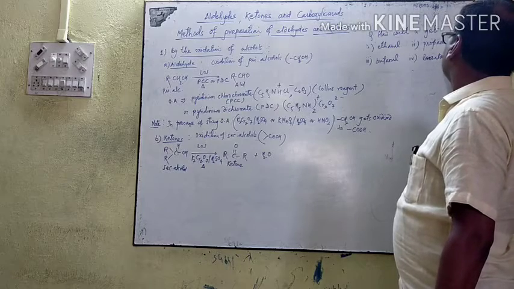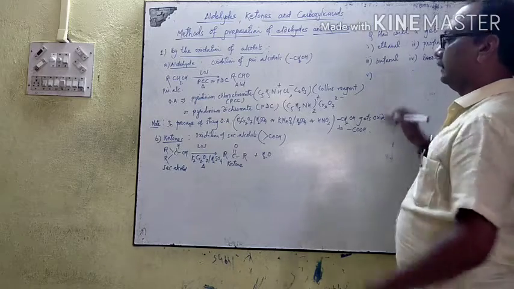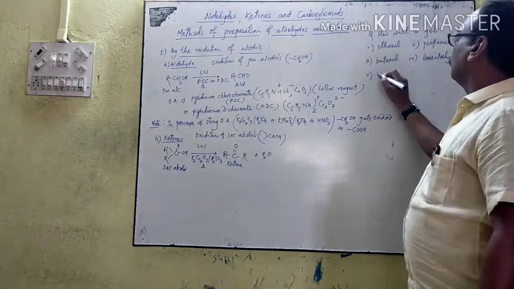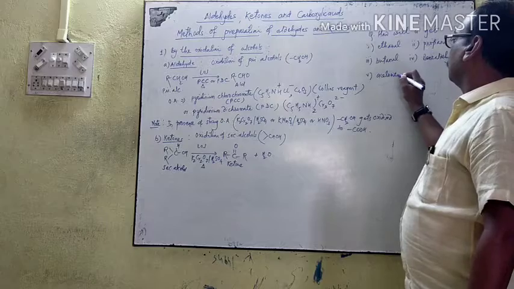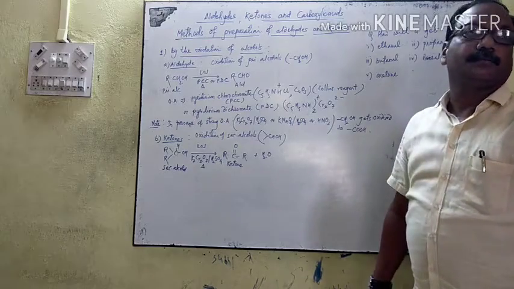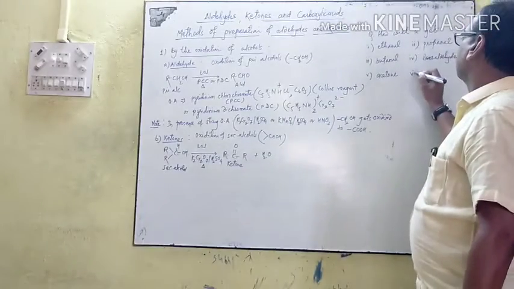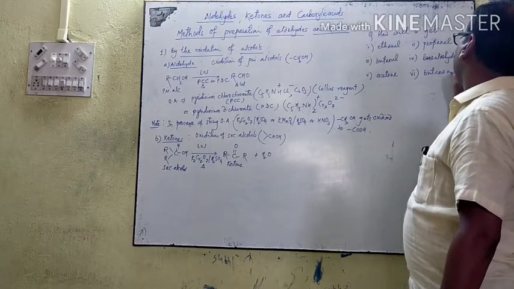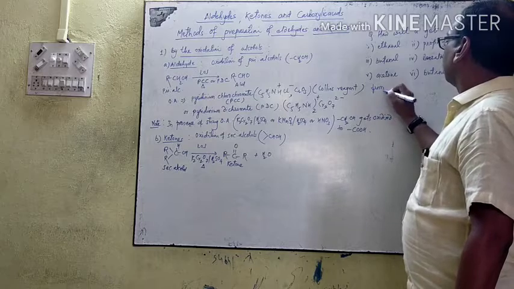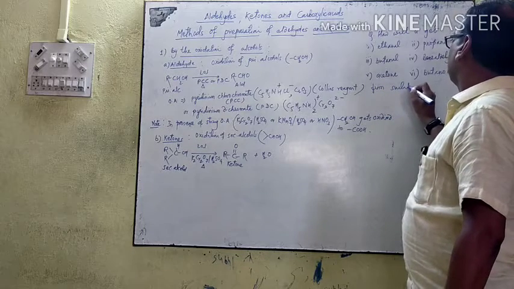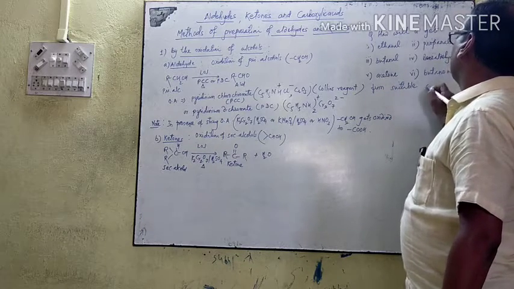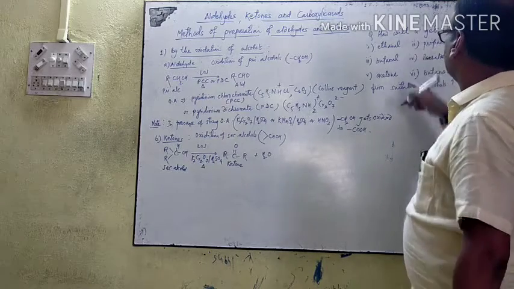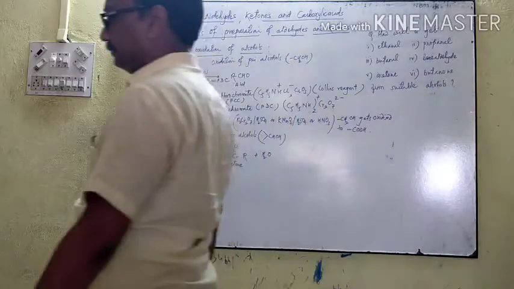And the fifth one, take any ketone, acetone, which is called propanone. Sixth, butanone, from suitable alcohols. How will you get these six?